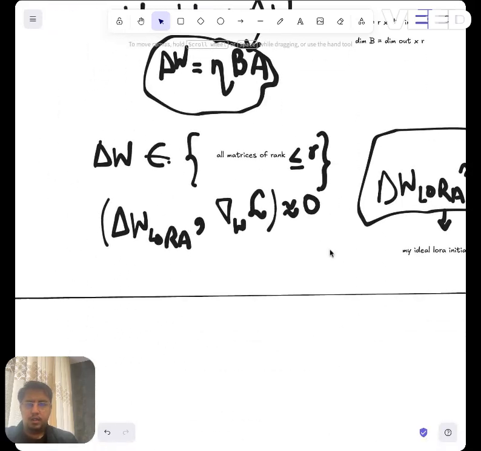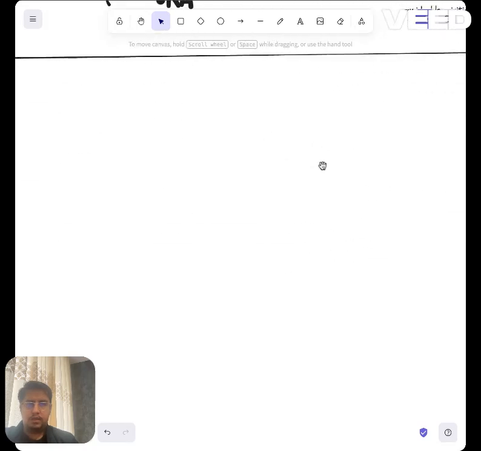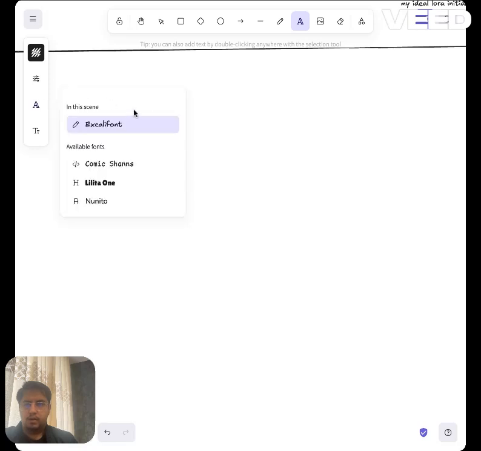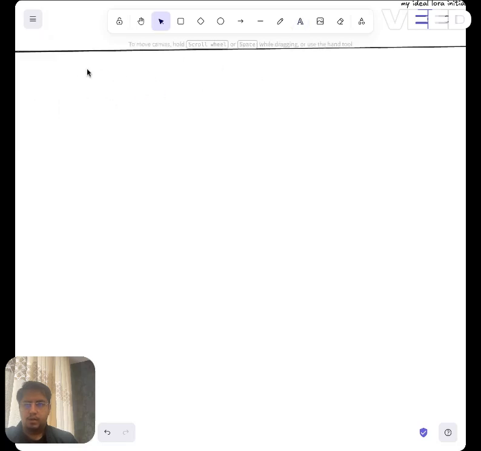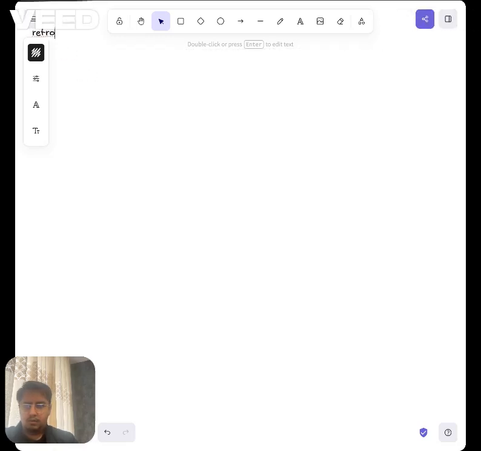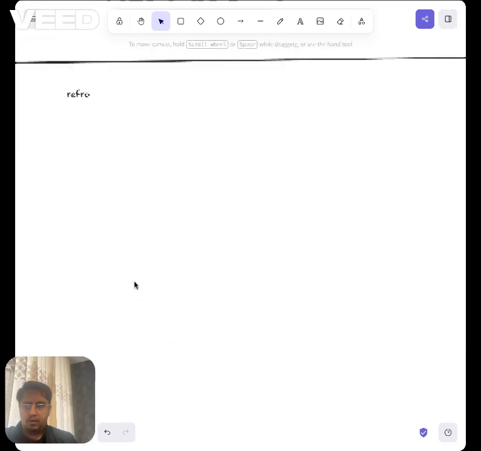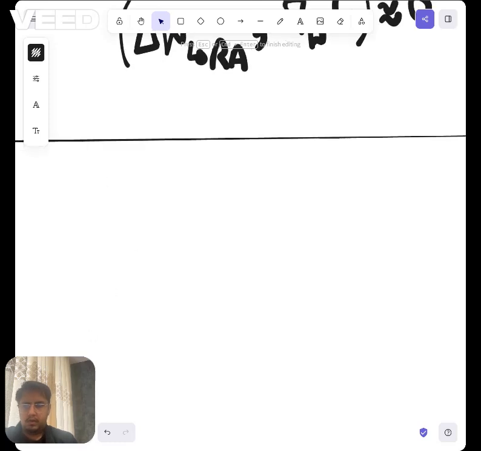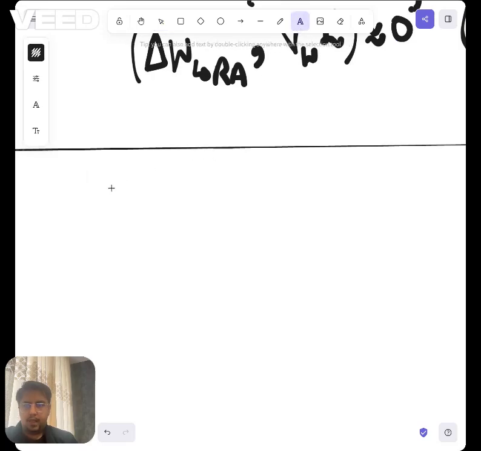And let's move to reformatting this as a clean mathematical statement. Let me also add a heading here somewhere. I want to zoom in a little bit. Let's reformat the problem mathematically.